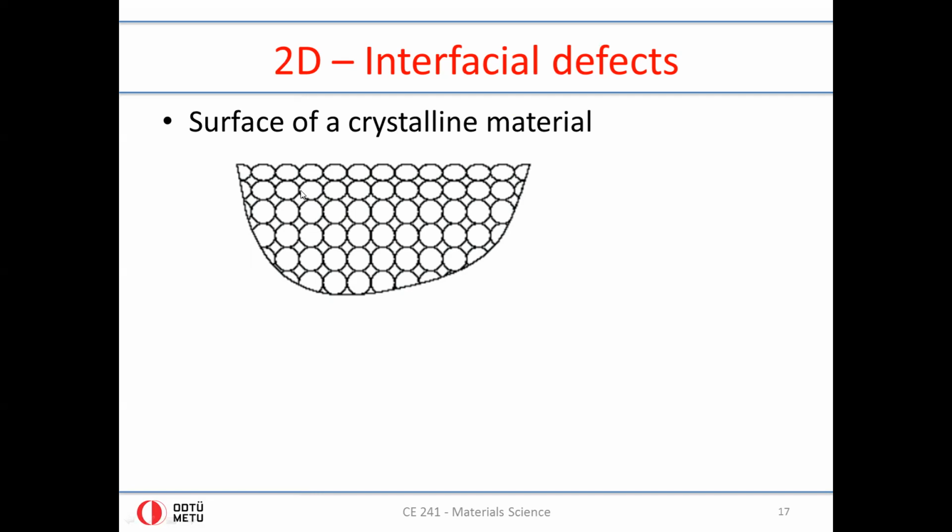This atom is slightly different because it's the second row, and all the atoms on the first row at the surface are drawn slightly differently here.